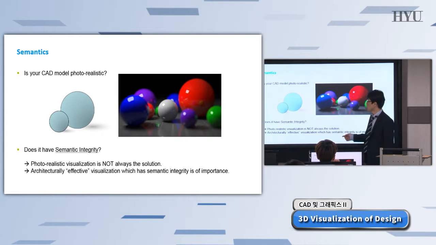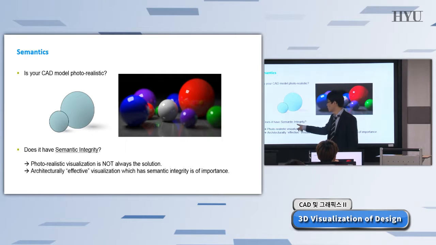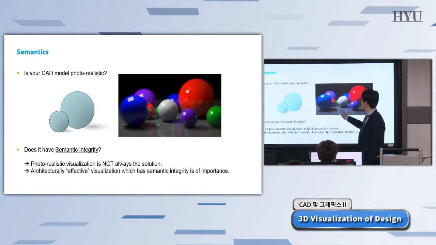If so, this one has more semantic integrity to the real world, okay? This is anyway just one type of representation for your design, another representation of your design. But according to this picture, we cannot measure the radius, height, or material. We can guess, but not exactly, it's not known anyway.